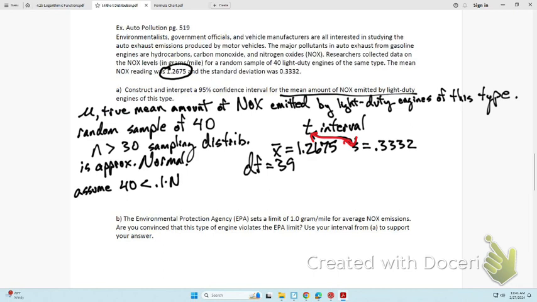Let's wrap this up. 1.1609 up to 1.3741.